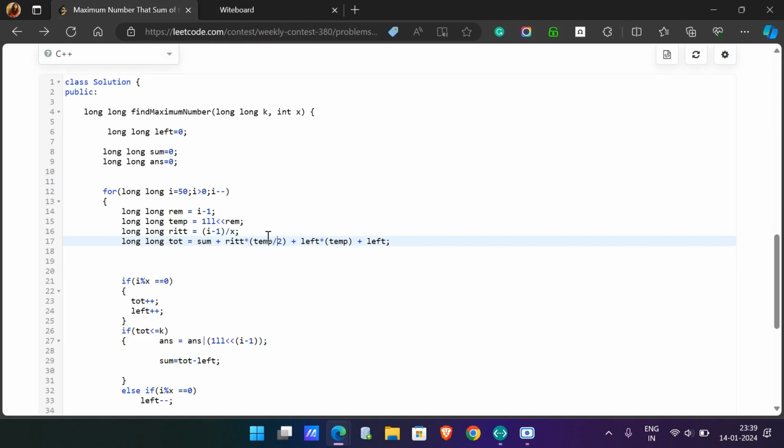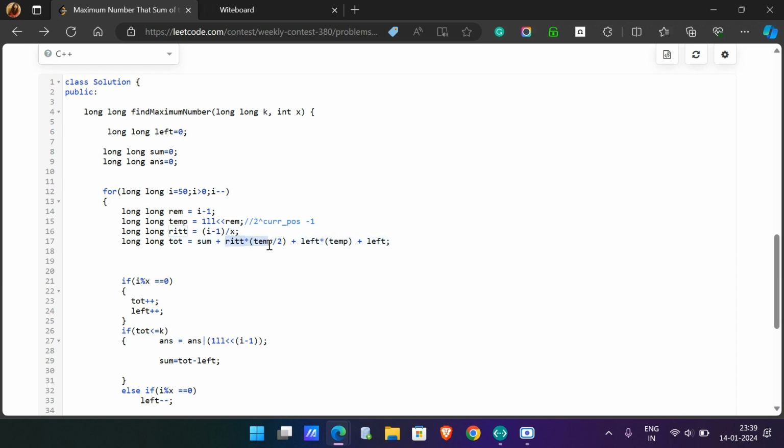So this is nothing but 2 to the power of current position minus 2, because this is 2 to the power of current position minus 1, and I'm dividing it by 2, which means it is 2 to the power of current position minus 2 only.